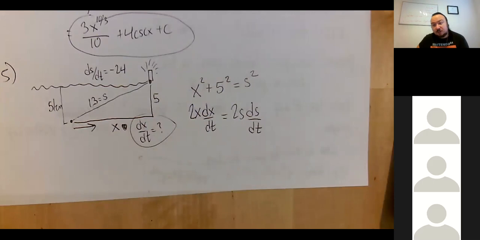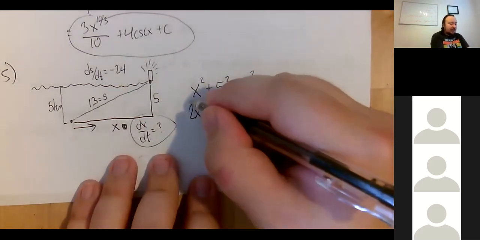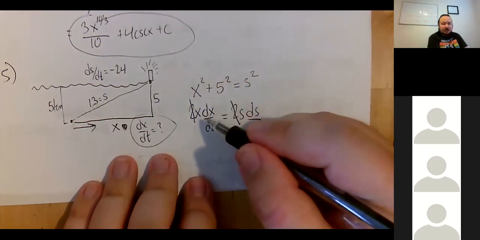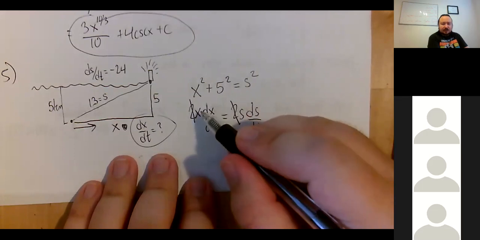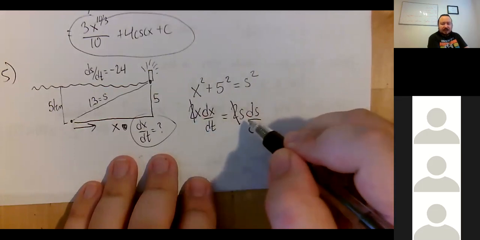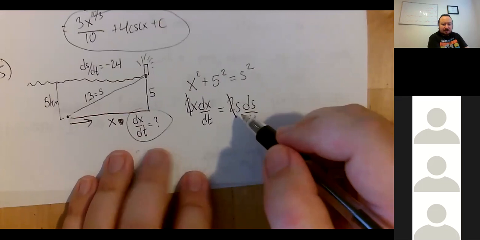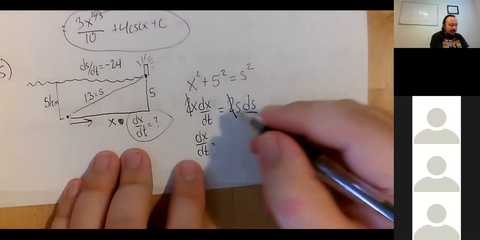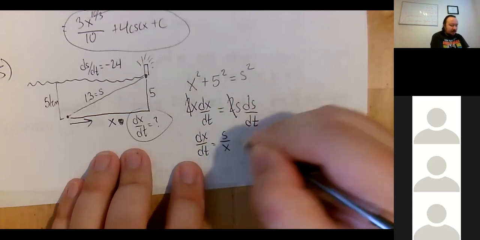And the derivative of 5 squared is 0. This is the constant. All right, I'm going to cancel out my 2's. And then the thing I'm interested in is dx dt. So I'm going to divide by x right here. And so I get that dx dt will be s over x.